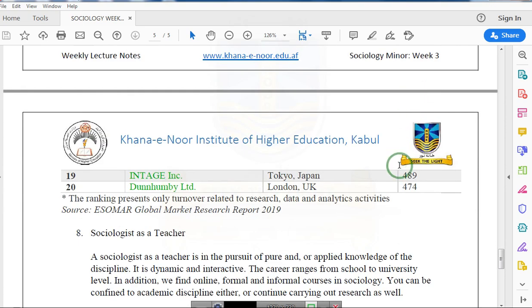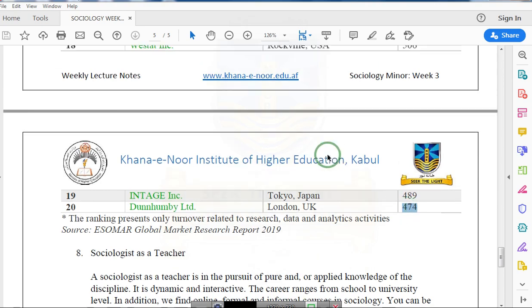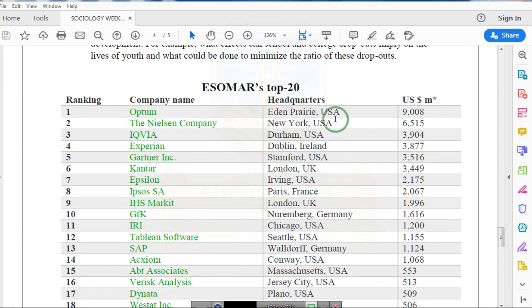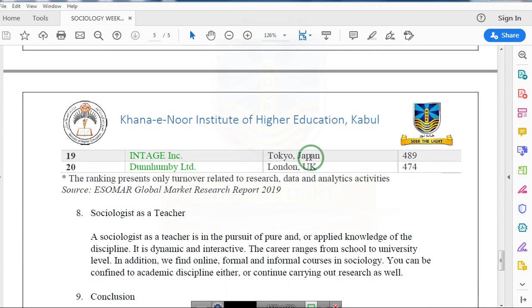And over here we have the 20th one as 474 million. So it's so lucrative. We have companies and consultancies in the United States, Ireland, United Kingdom, France, Germany, and Japan.